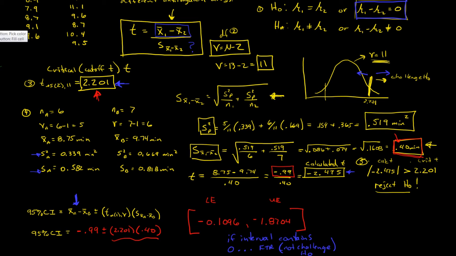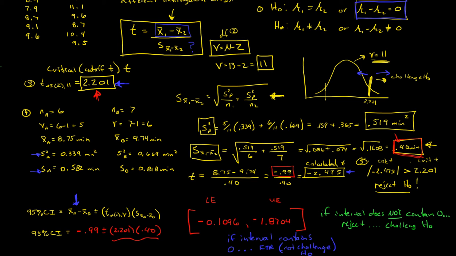Let me switch to green. However, if the interval does not contain 0, I'm going to reject the null, i.e. I'm going to challenge the null hypothesis.